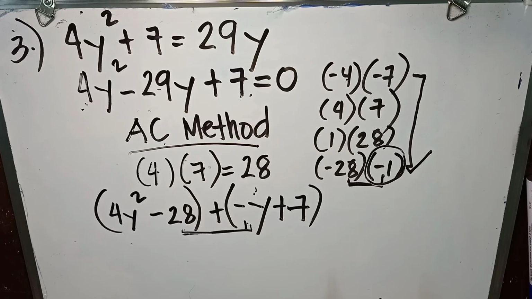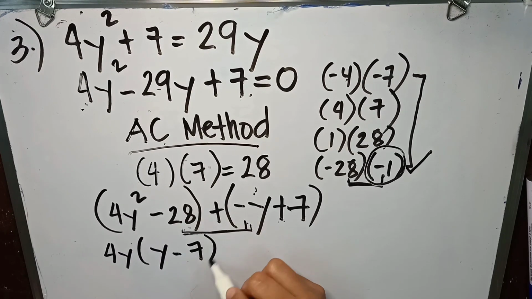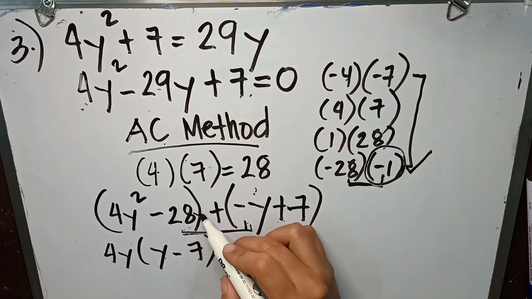Next, we have two binomials. Factored form of this binomial: we have 4 times y minus 7. 4y times y, the answer is 4y squared. 4y times negative 7 is negative 28y.